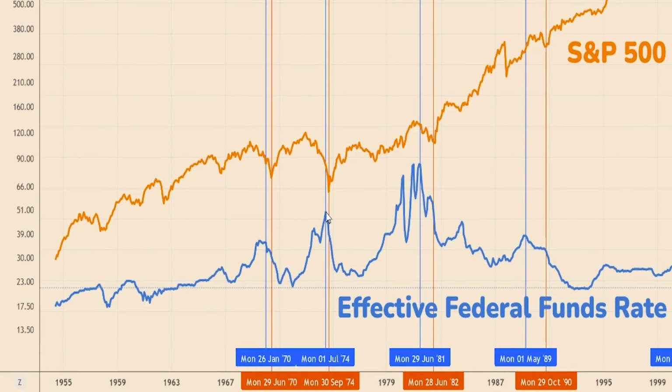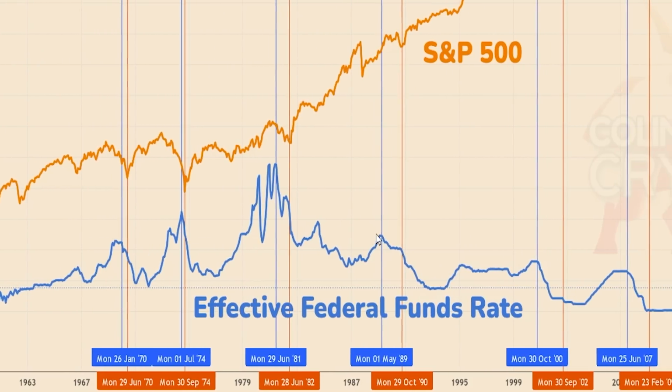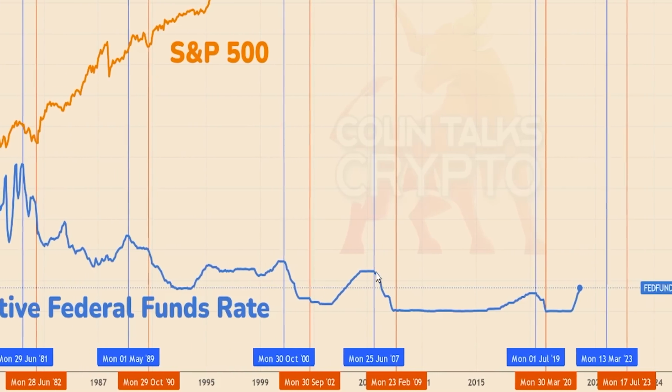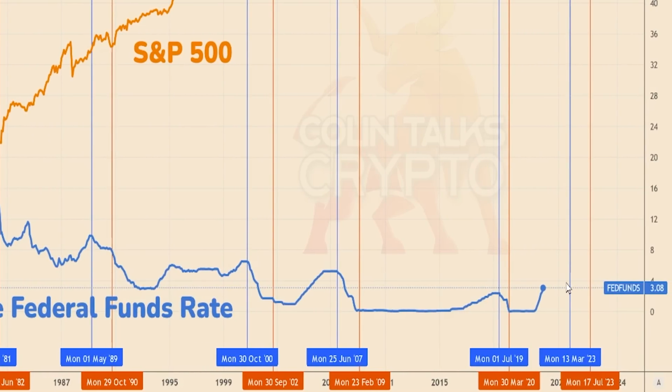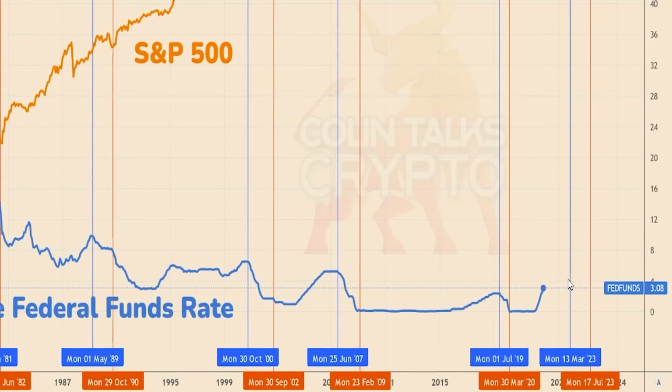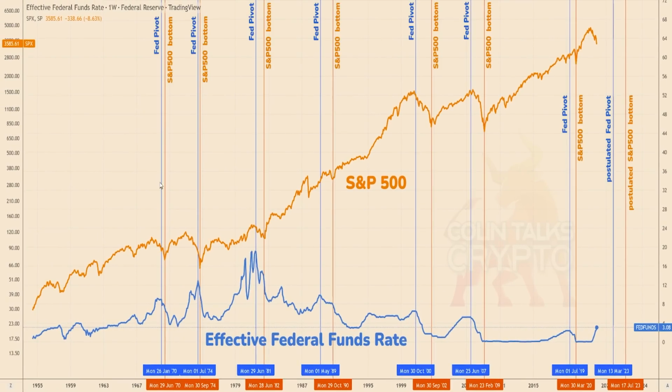That peak represents the pivot point between increasing and decreasing the federal funds rate. You can see that peak represented here, here, here, here, here, and we're going to postulate in the future where they might pivot next.